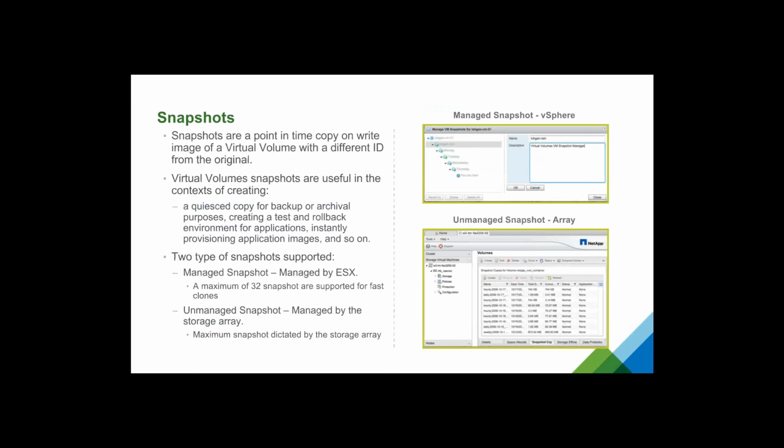I did want to touch on snapshots a little bit, since snapshots are done in a very different way with vVols than they had been with VMFS. In VMFS, vSphere would create what always appeared as a snapshot file in the data directory. It actually was a redo log that said, here's all the things that have happened since the snapshot happened, here's how you get to the same state that you were previously.